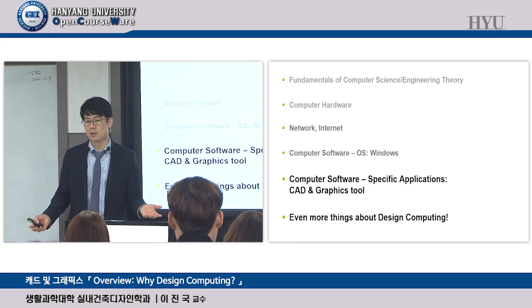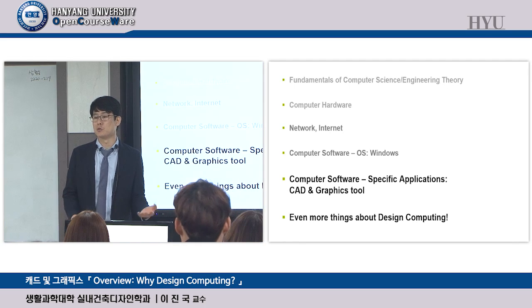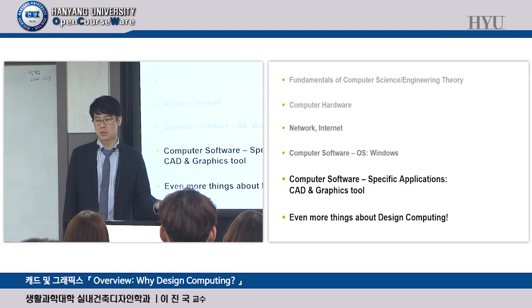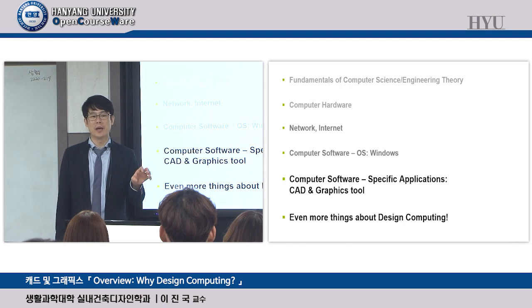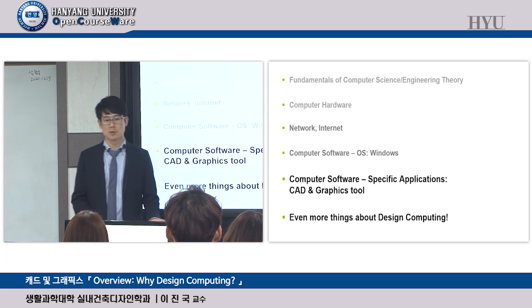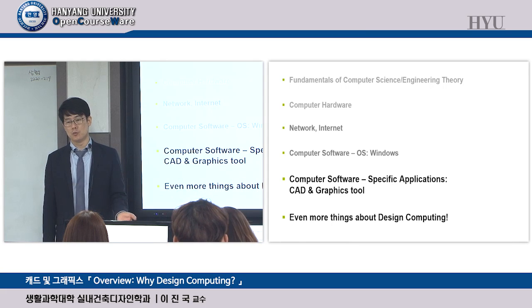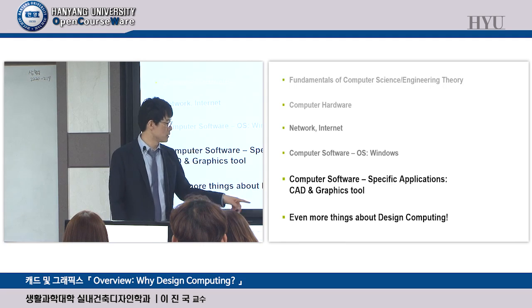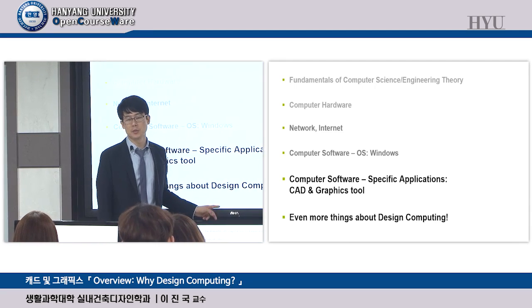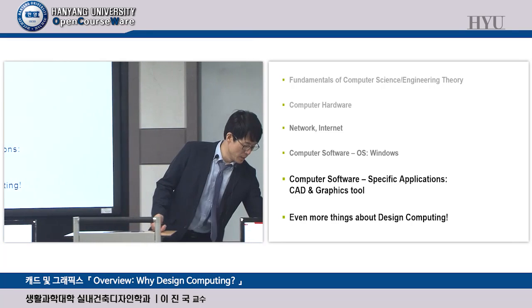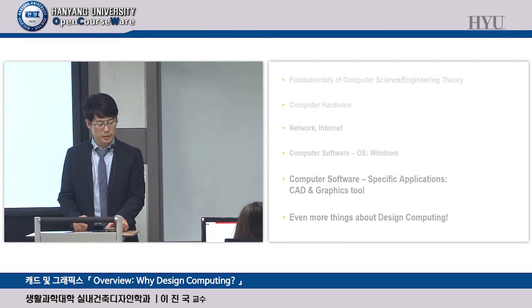I don't know what deep learning is, or exactly how machine learning works, but at least I can figure out how to use it, how to figure out the main aspects of machine learning, and I know what we can do based upon such technologies, okay? In the same way you need to know the advanced aspects of both design and computing, the so-called design computing area, okay? That's my point. So you have to remember those aspects of design and computing issues.